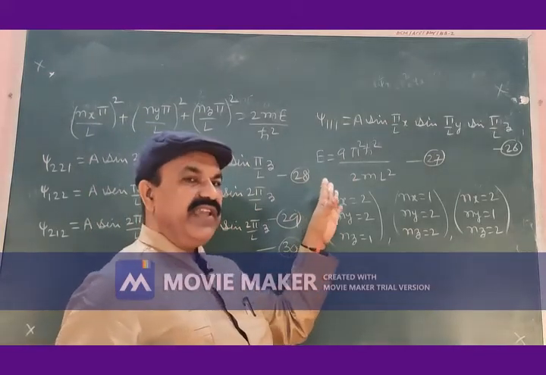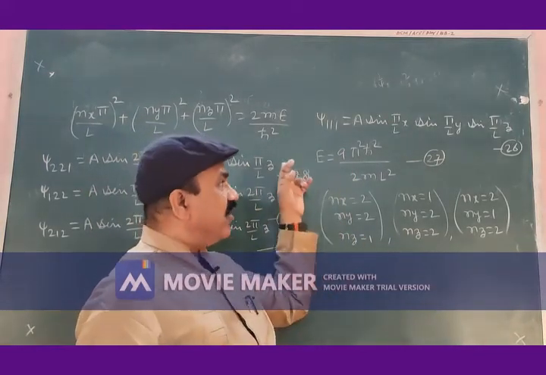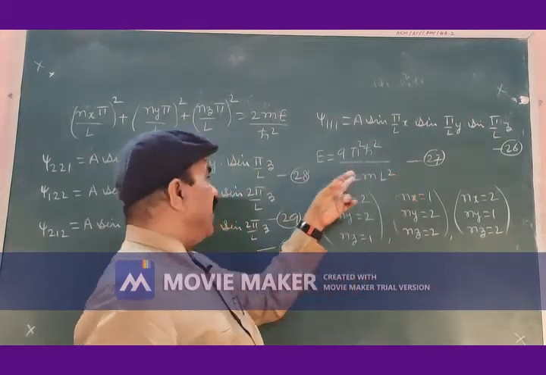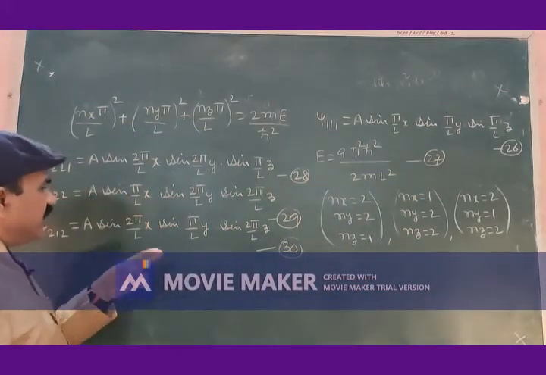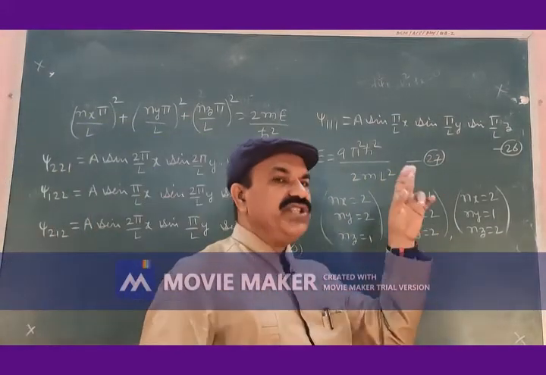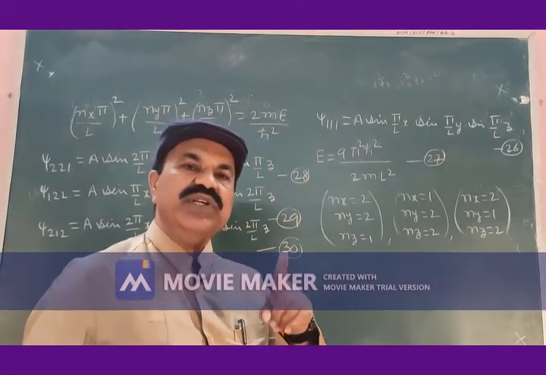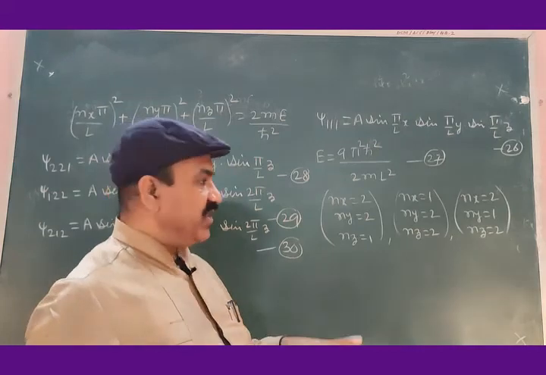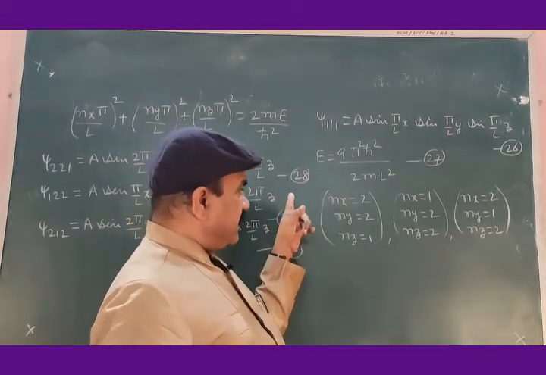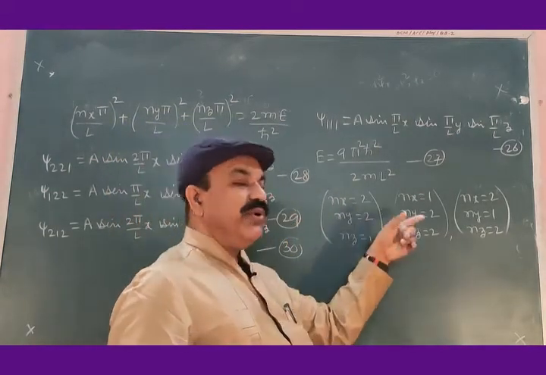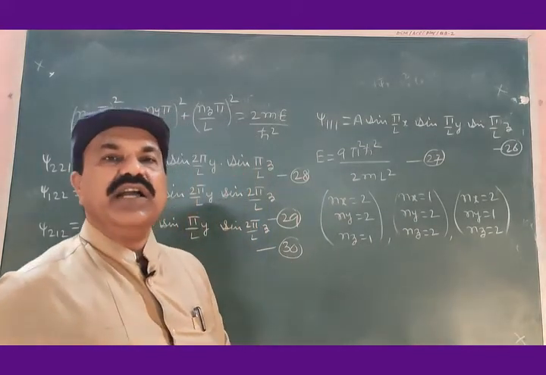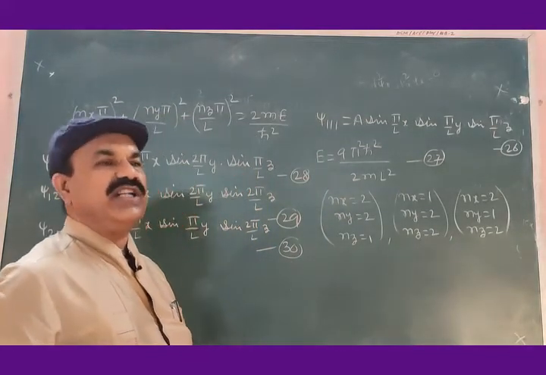It has three quantum states of the same energy. The wave functions corresponding to these quantum states are corresponding to the same energy level, but at the same time they correspond to different energy states or quantum states.